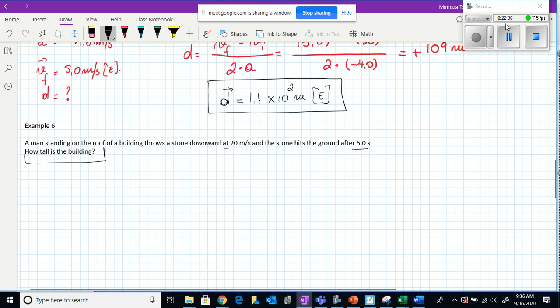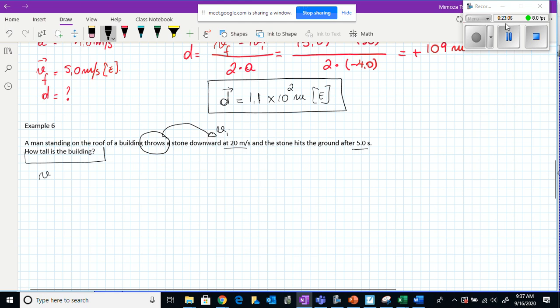Okay, so the examples that we have seen up to this point were that the object was dropped, and when it is dropped, we said that the initial velocity is equal to 0. But in this case, the object is thrown. So when it is thrown, the initial velocity will be whatever speed they are telling us.